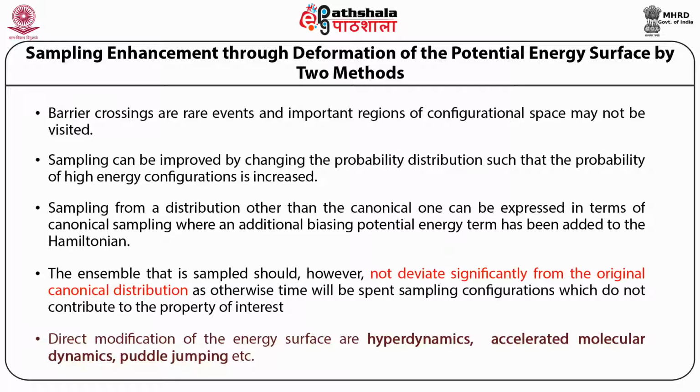But in principle, what we do is not deviate too much away from the original distribution, but make it flattened, or make it have more and more sampling on the higher energy configuration than lower, by using certain systems called hyperdynamics, or accelerated molecular dynamics, or something called puddle jumping, etc. These techniques have already been incorporated in some of the very nice new packages that came up, and many papers have come to explain such and such methods.